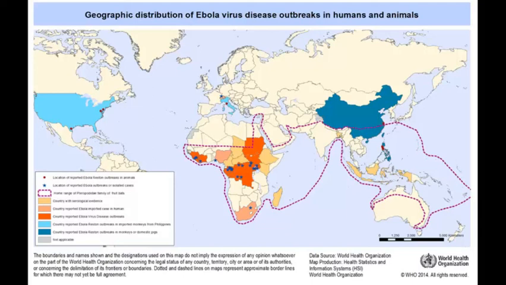Then it spread via contagious diffusion to other areas in Western and Central Africa, and then became what maybe would be considered a pandemic, as it was found in more areas of the world through hierarchical diffusion, as people then migrated to New York City, moved to China, moved to Italy.